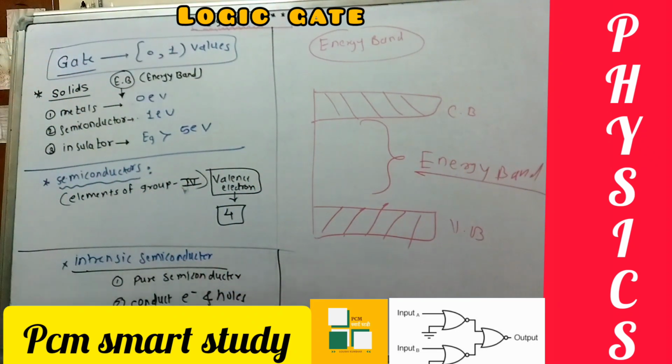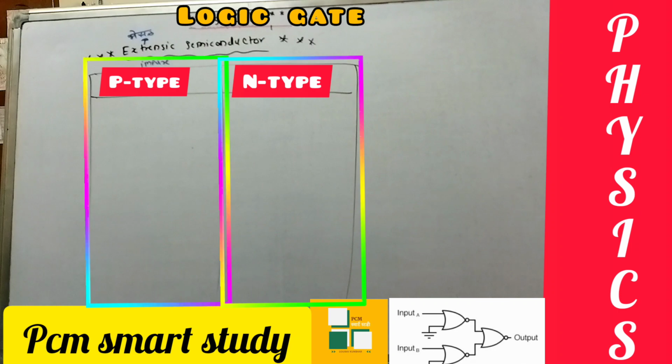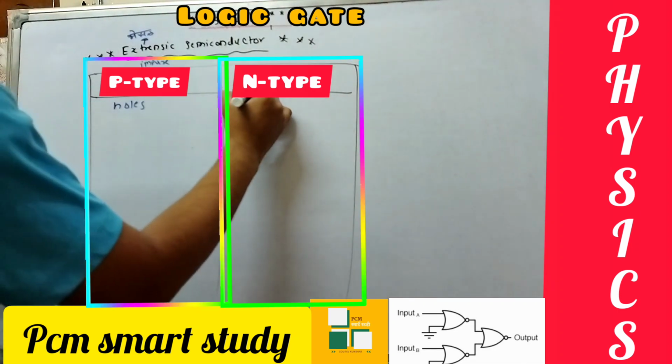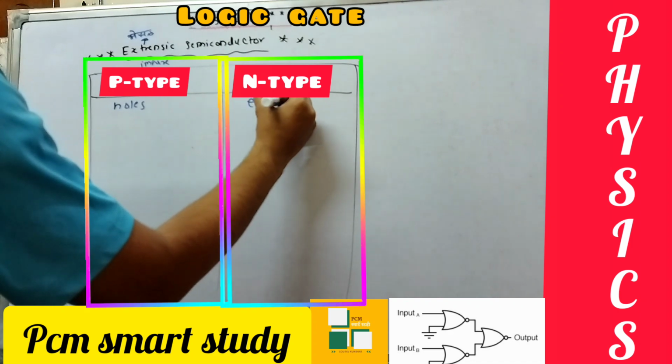This is an impure semiconductor. Extrinsic semiconductors are of two types, P type and N type. P type contains holes and N type contains electrons.